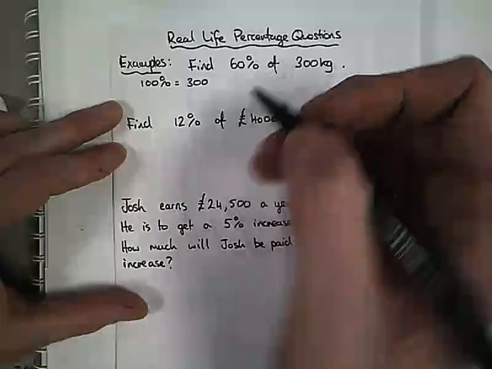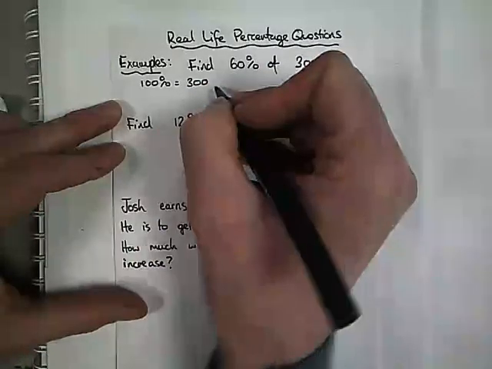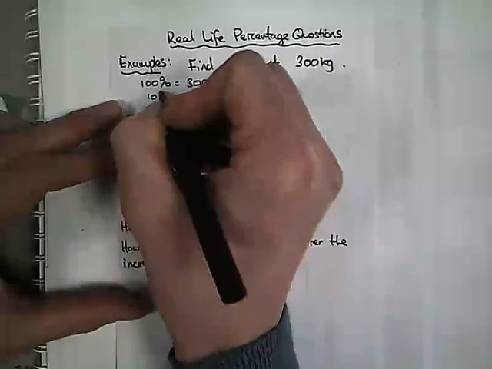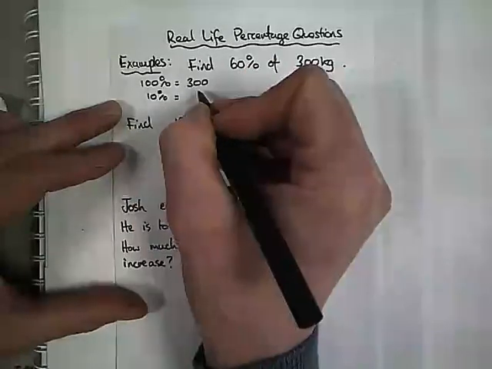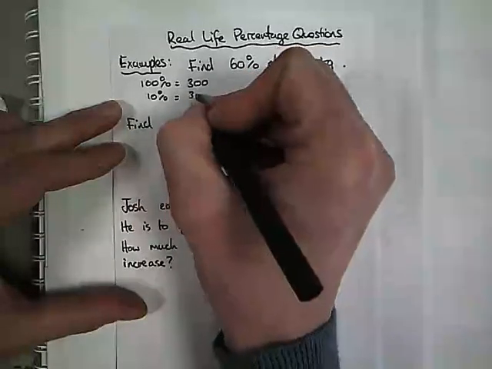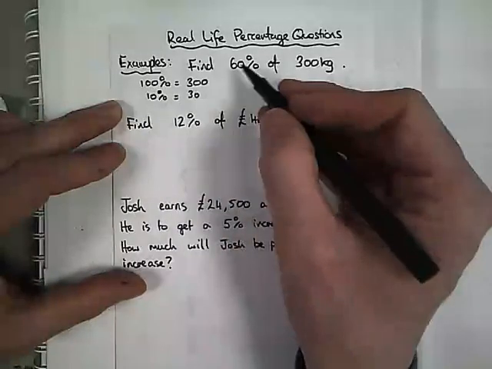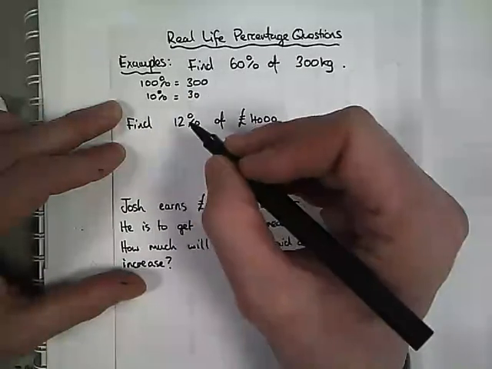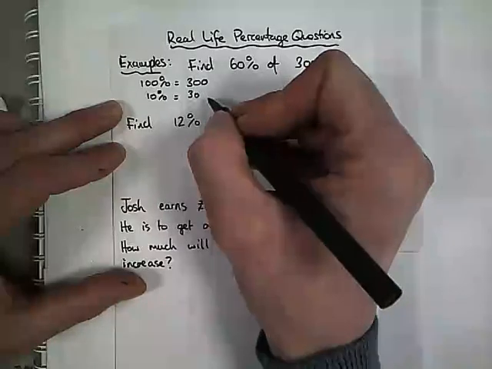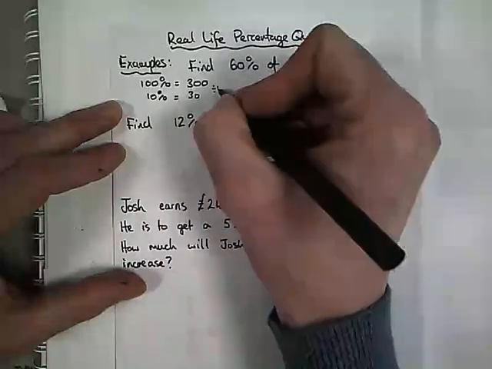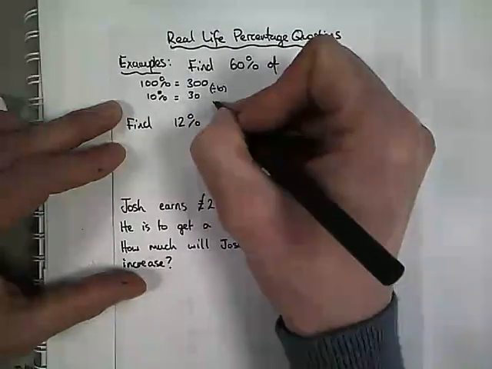If I divide everything by 10, I get 10%. Divide 300 by 10 and I get 30. So I know 10% equals 30. If I wanted 6 of these, I would get 60%, so I'm going to have to times this by 6. I first divide it by 10, and then I'm going to times by 6.